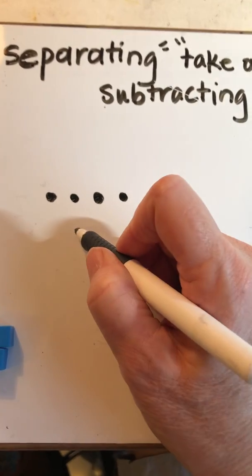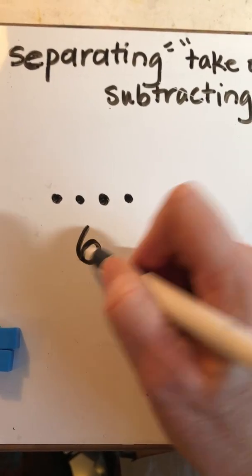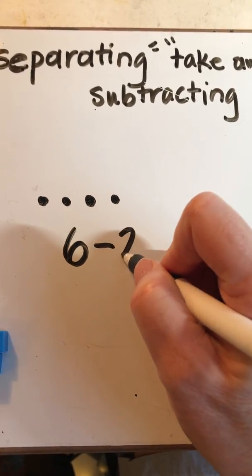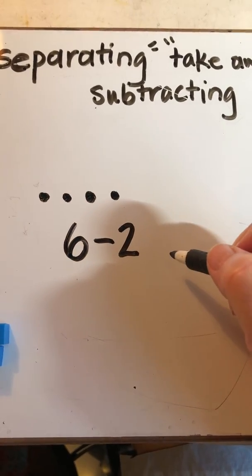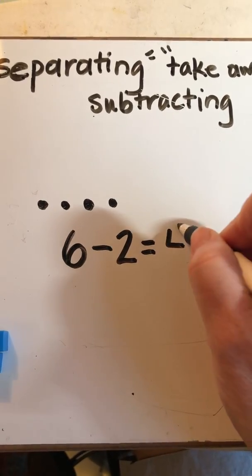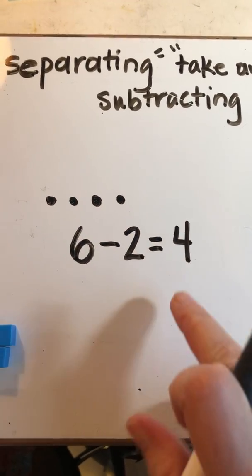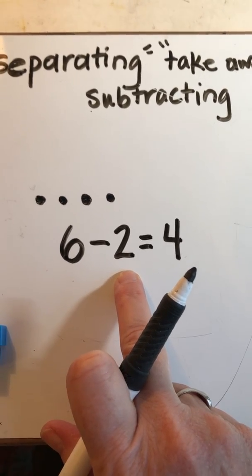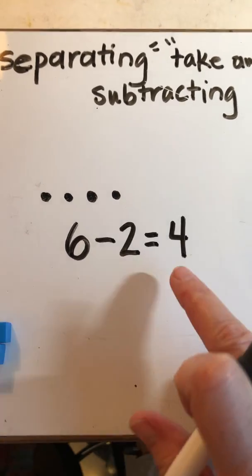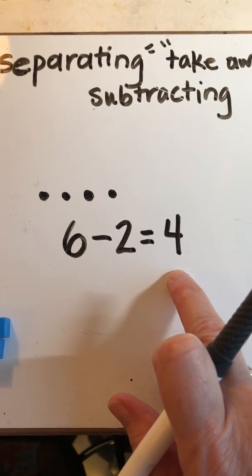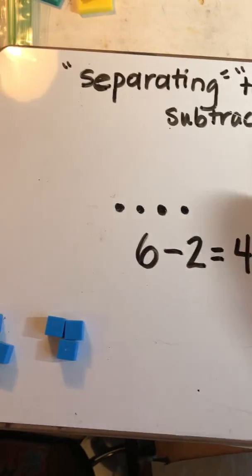I'm going to write the number sentence for that. They started out with 6 paper airplanes. They lost 2 up on the roof. And that left them with 4 remaining. So they had 6. 2 of them went away. They're still up on the roof. And now they have 4 in their hands now. So 6 minus 2 equals 4.